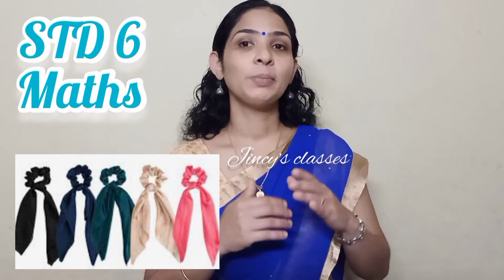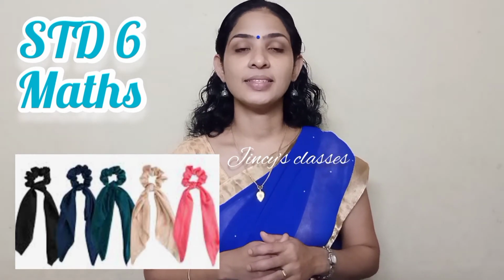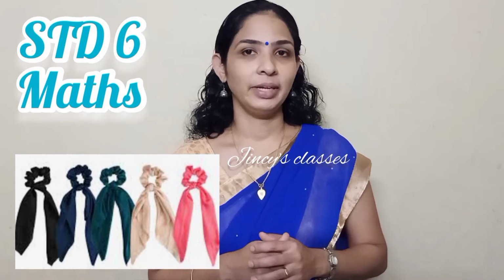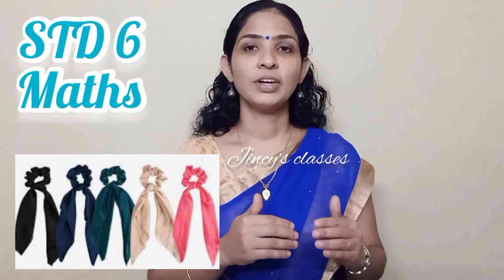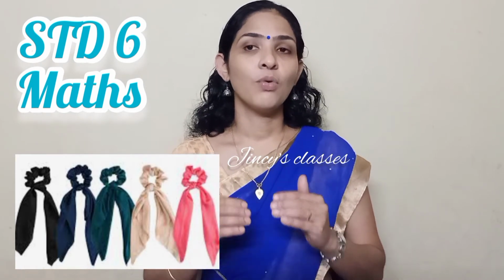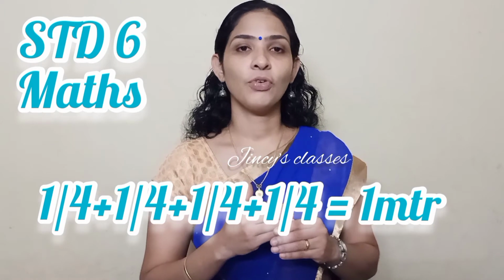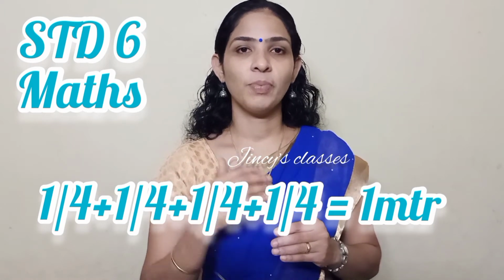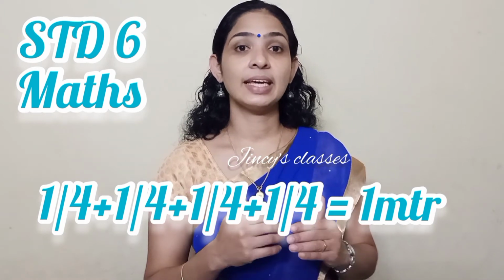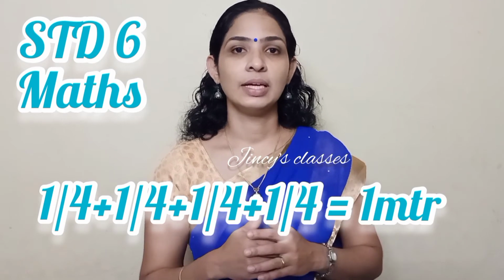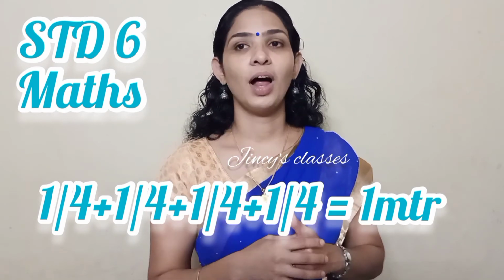Here, each piece of ribbon is 1/4 meter. If we put together 4 of these pieces, we get 1 by 4 plus 1 by 4 plus 1 by 4 plus 1 by 4 is equal to 4 by 4. That is equal to 1.